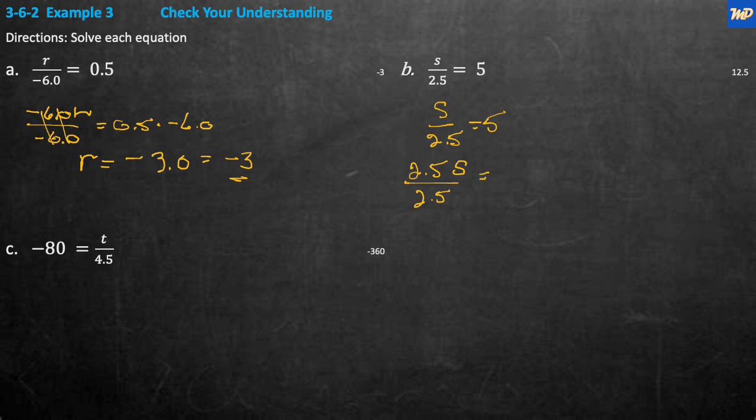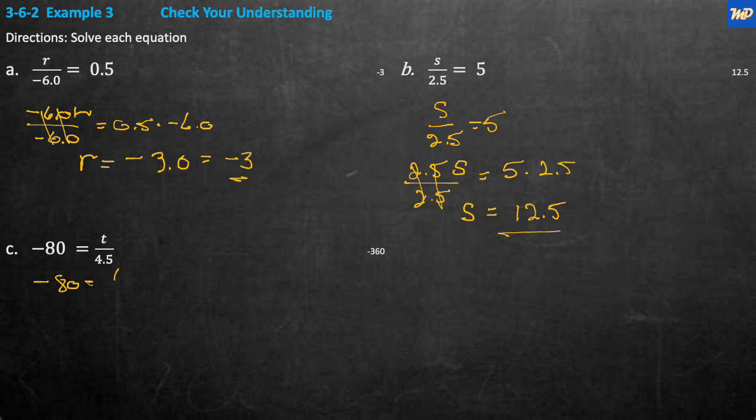And then that's equal to 5 times 2.5 in the numerator, 2.5. And when we do that, the 2.5s cancel, and we end up with an S equal to 5 times 2.5. 5 times 2 is 10. 5 times 1/2 is 2.5. So 12.5.